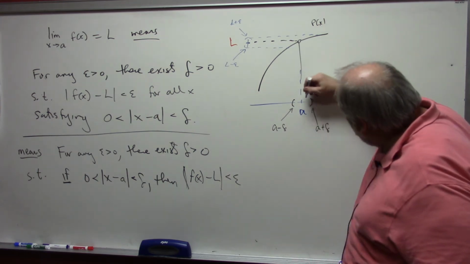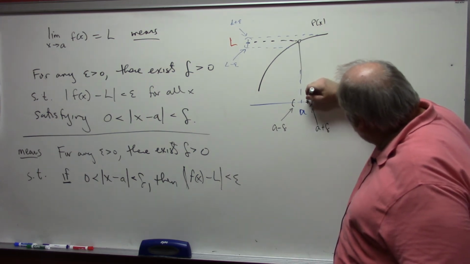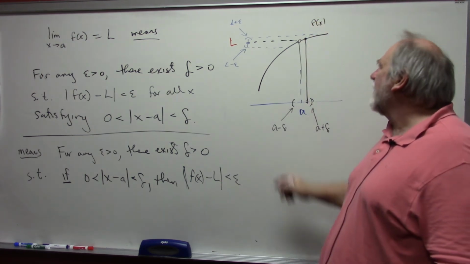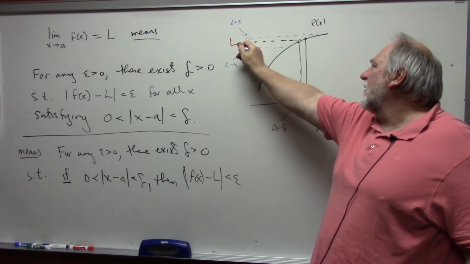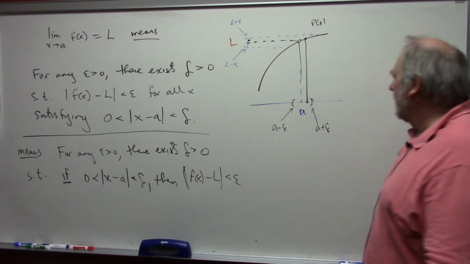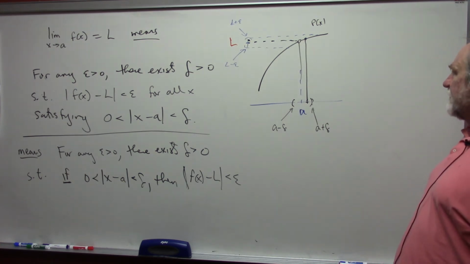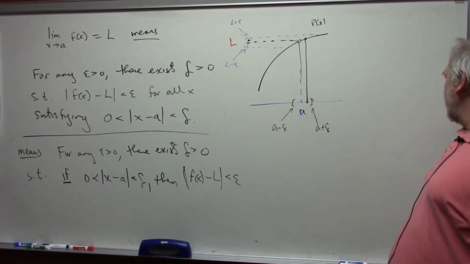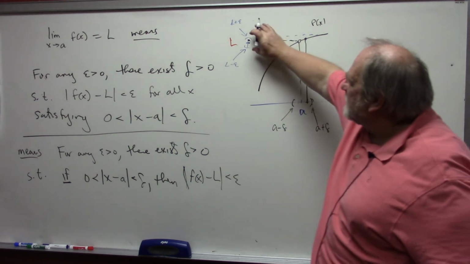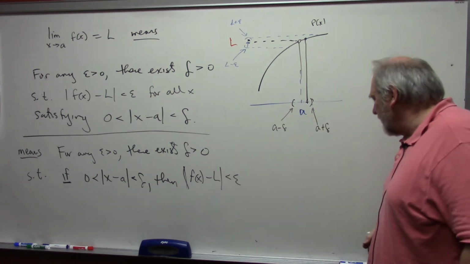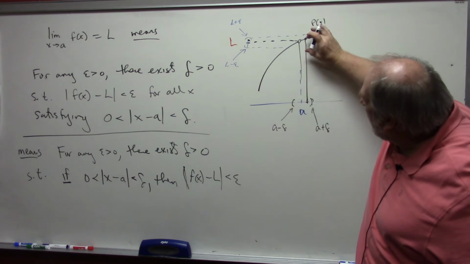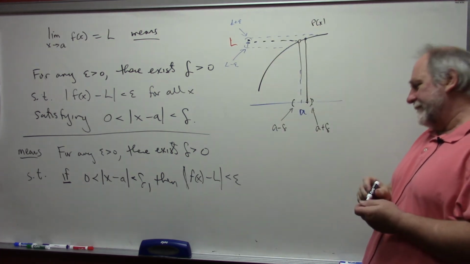Any value x here will map to some functional value there, which is within the epsilon interval over there. So it's somewhat convoluted in some respects, but this is what we have to do in order to be precise mathematically. Given any epsilon interval here, there's a delta interval here, so that if my x value is in the delta interval here, then my y value is within the epsilon interval there.